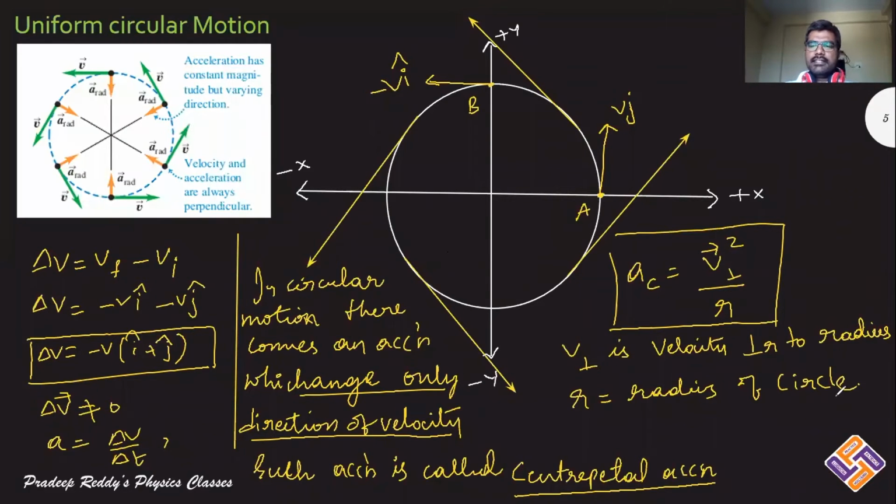So r is the radius of the circle and v is the velocity perpendicular to the radius, and centripetal acceleration is given by A equal to v square by r. That's about centripetal acceleration.